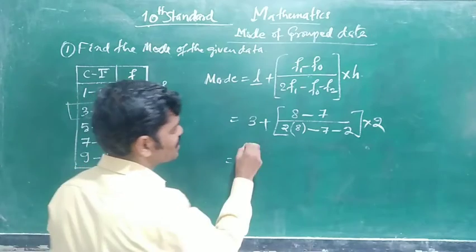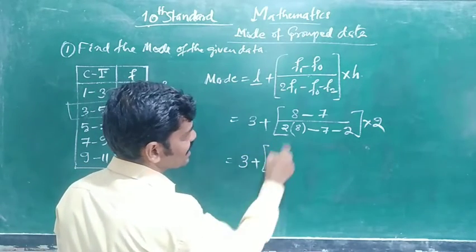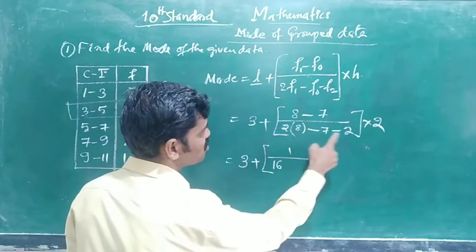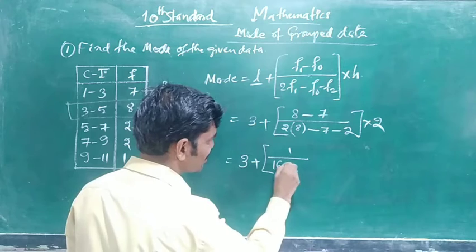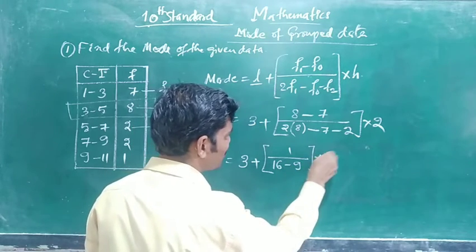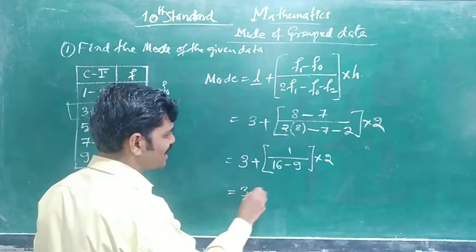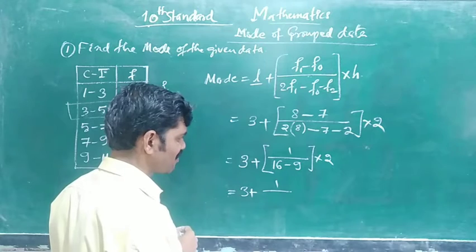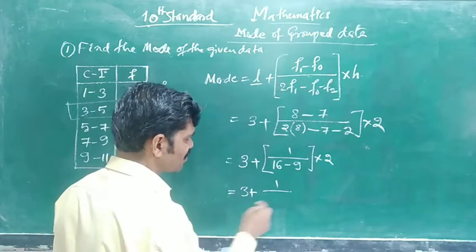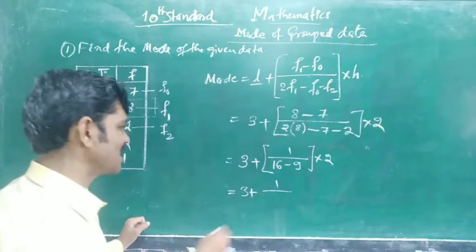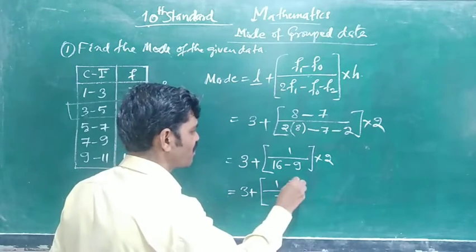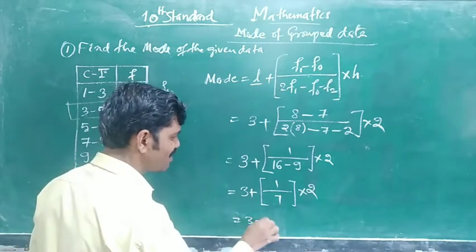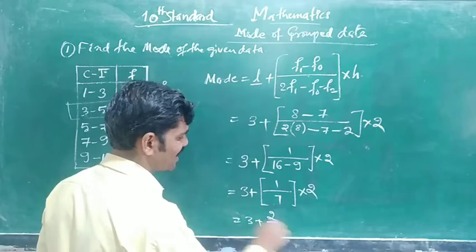This is equal to 3 plus 8 minus 7, that is 1, over 2 into 8, that is 16, minus 2 minus 7, that is minus 9, multiplied by 2. 3 plus 1 divided by 16 minus 9, that is 7, multiplied by 2. Okay, this is equal to 3 plus 2 by 7.